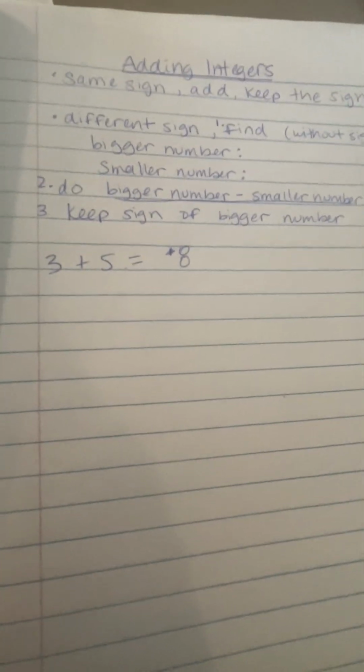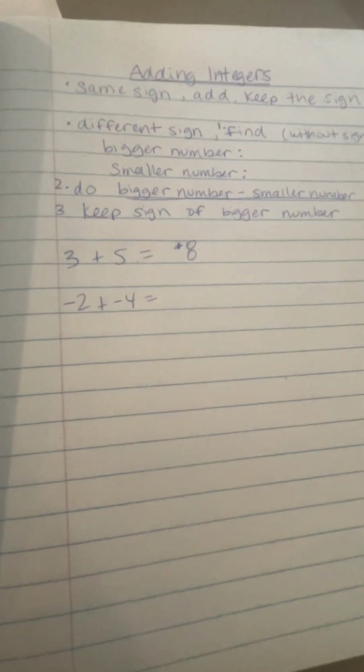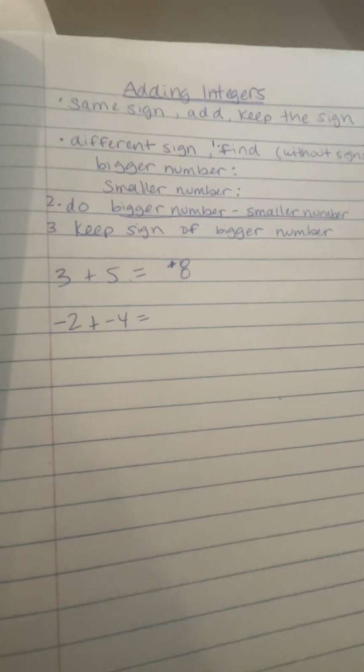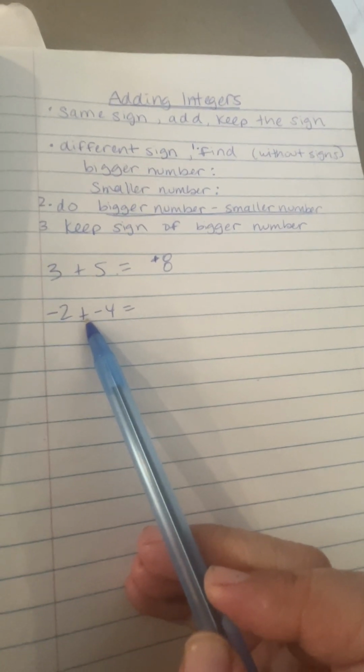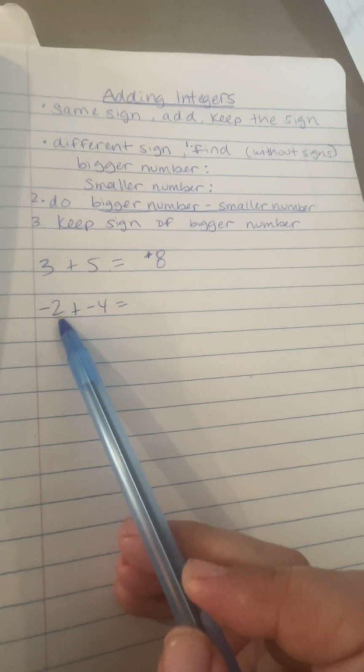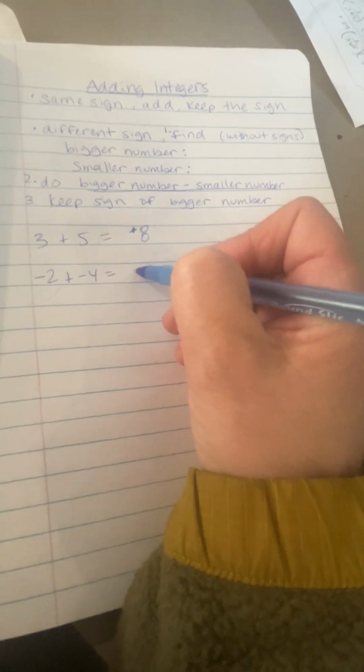Okay. What if they were both negative numbers? Like negative 2 plus negative 4. We have the same sign and we have the addition symbol in the middle. So our rule says that we're going to add the two numbers, the 2 and the 4. That gives us 6. And then we're going to keep the sign since they're both negative.